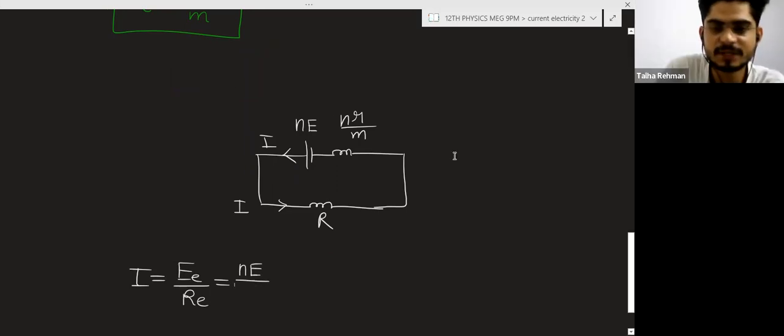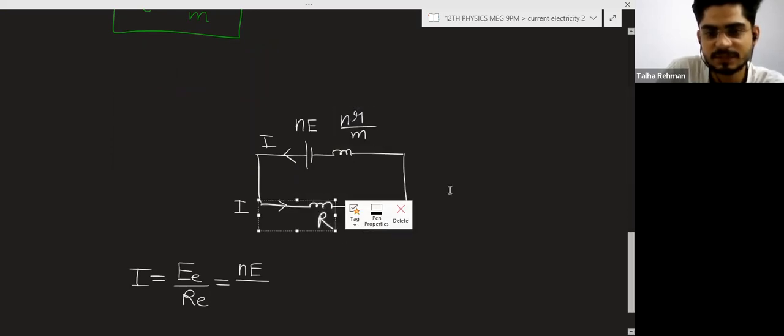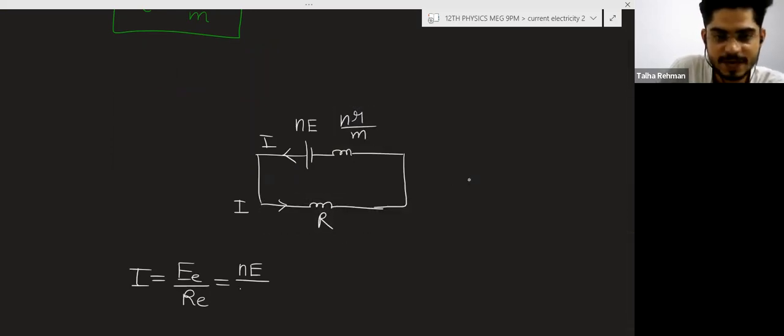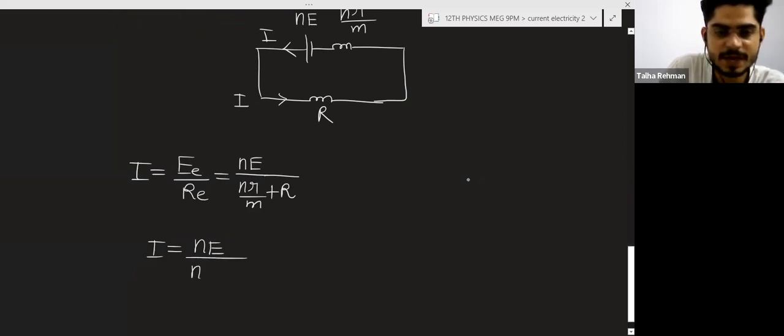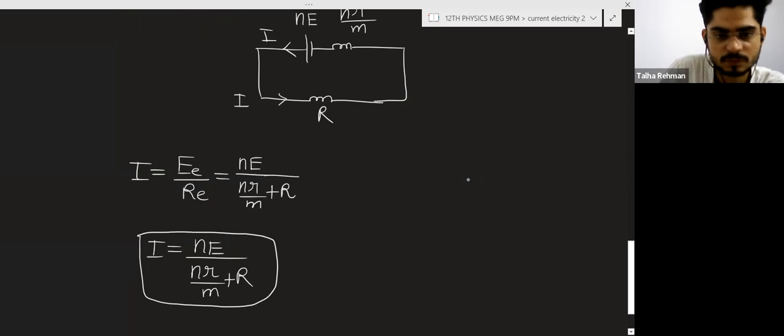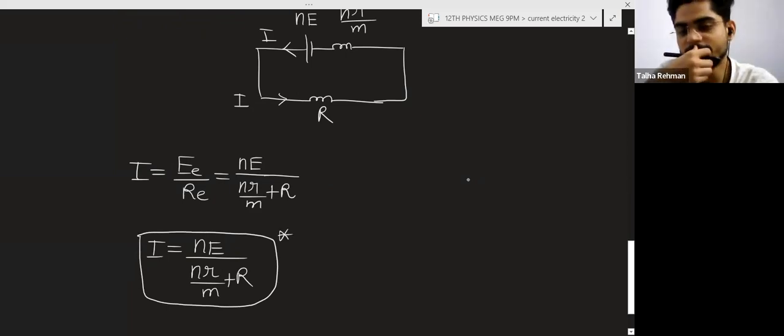And equivalent resistance means you add this resistance plus this resistance, so the value will be NR by M plus capital R. So the value of current is NE divided by NR by M plus capital R. This is the current in the mixed grouping.